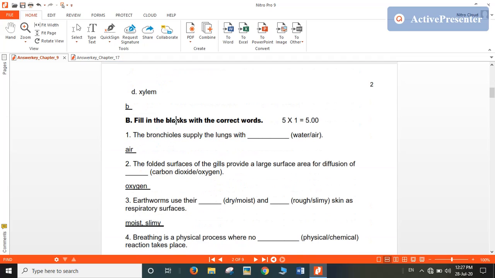Now the next exercise is fill in the blanks with the correct words. First: the bronchioles supply the lungs with air. So air is the answer.